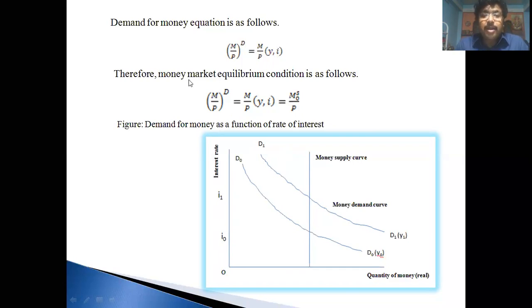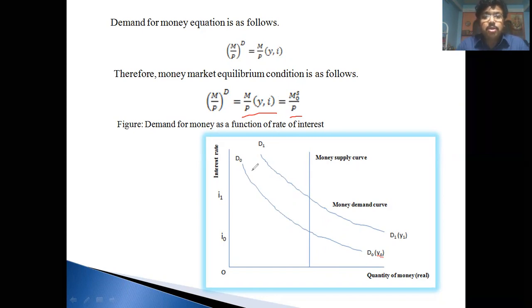Therefore, the money market equilibrium condition is as follows. What is the money market equilibrium? The supply of money is equal to the demand for money. This is the demand for money, and this is the real supply of money, and it is constant. It is exogenously determined.